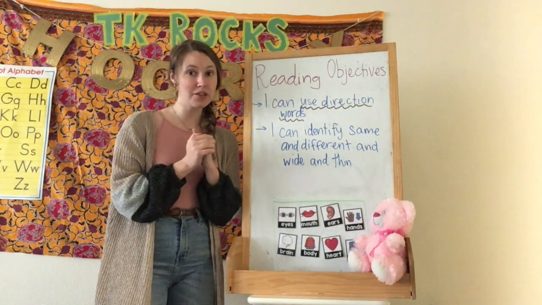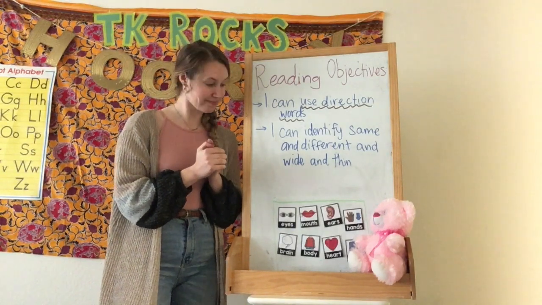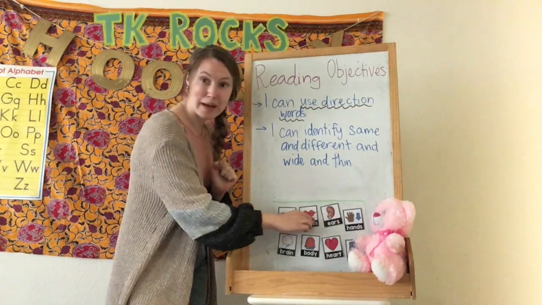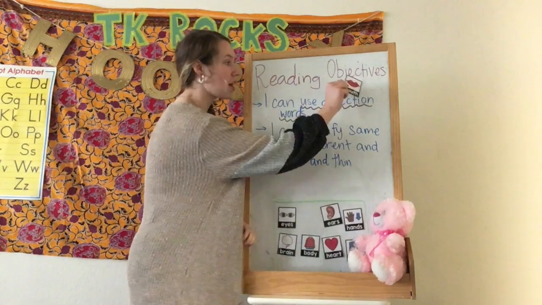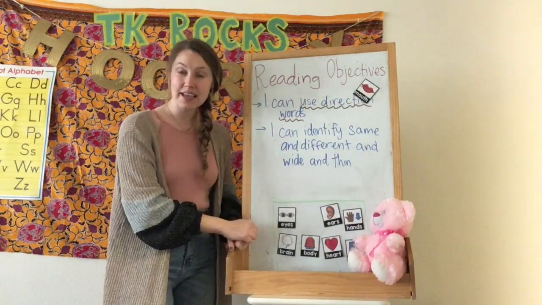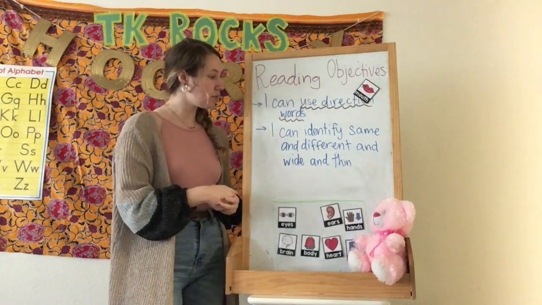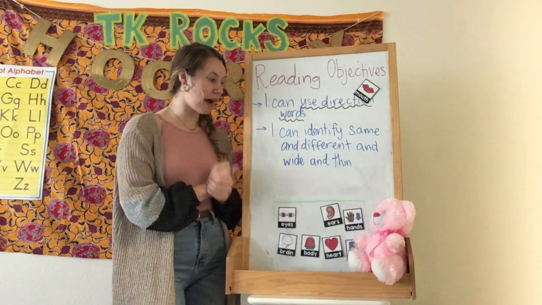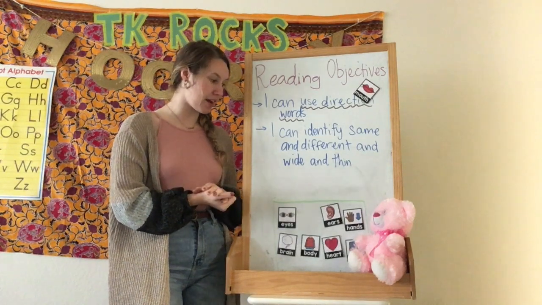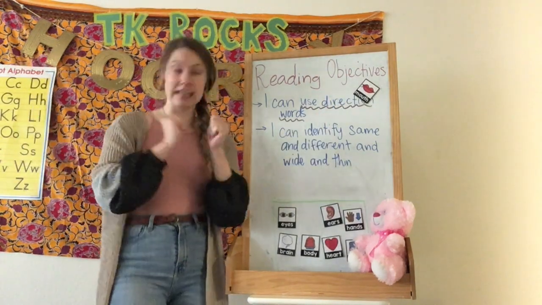So what are we going to need to use to help us with that? Our mouth. We're going to be talking about our direction words, and that's how we're going to be practicing to use them.